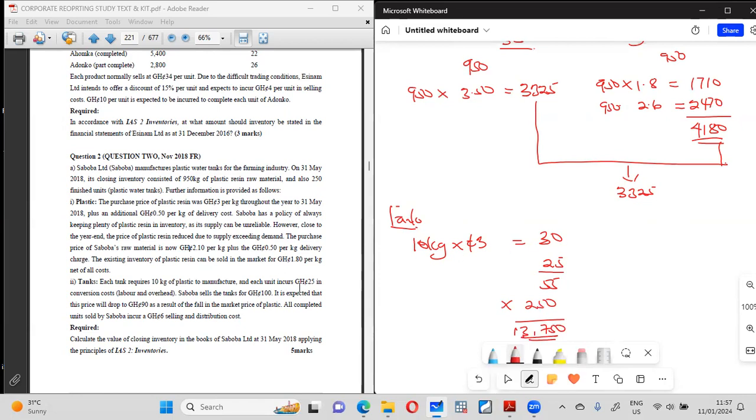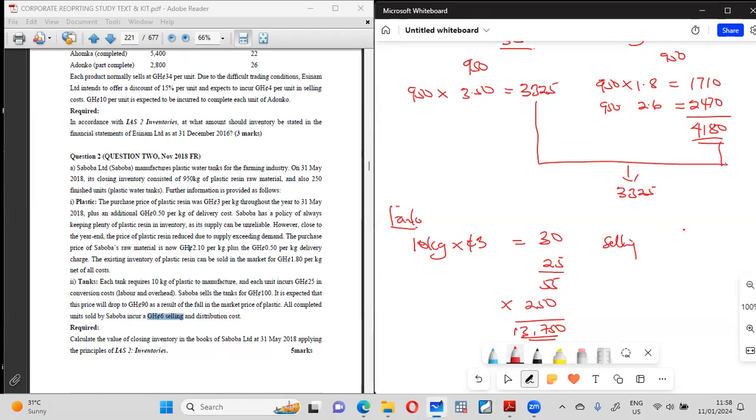Then what about the net realizable value? It said that Sabuba sells tank for 100. It is expected that the price will now drop to what? 90. All right. So apart from the 90, we are also told that it will incur a 6 cedis what? Selling and distribution. So it means that the selling, the fair value or the realizable selling won't be the 100.